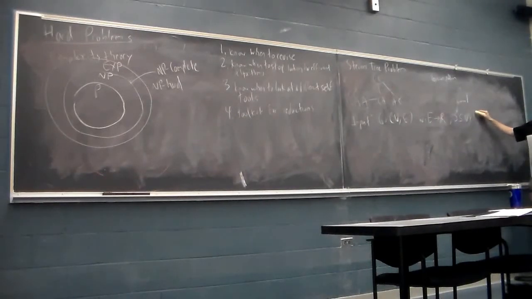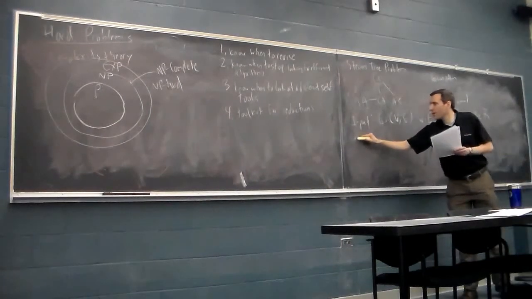So in the decision version of this, we would say that we're also given as input a bound B chosen from the real numbers. And then the question we would ask is the following.